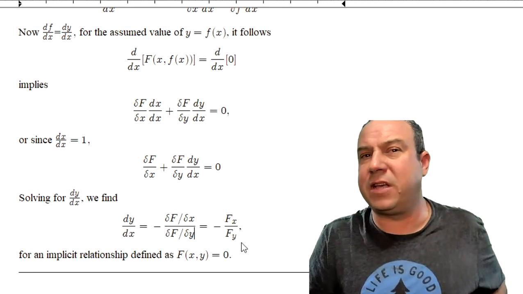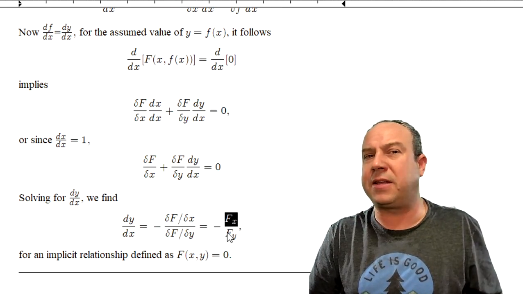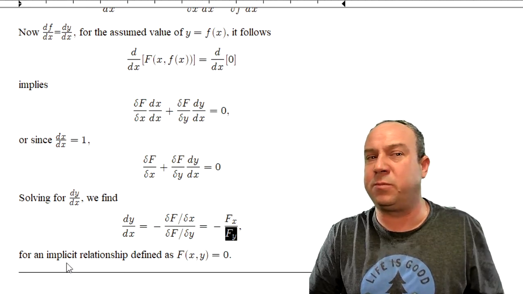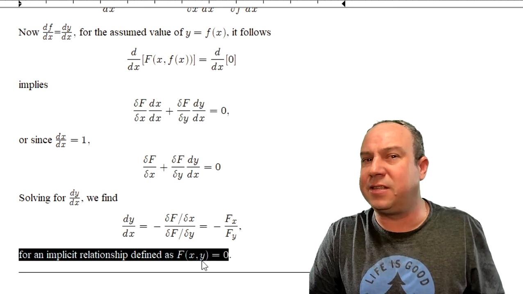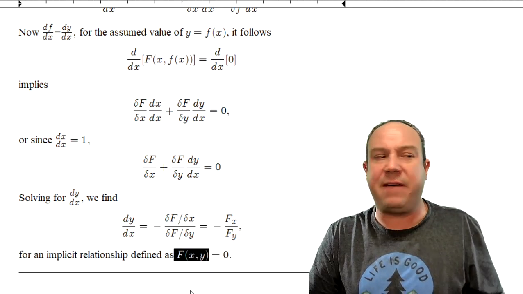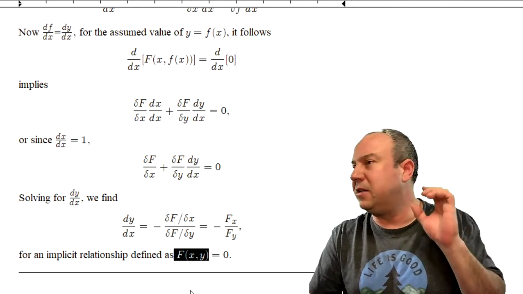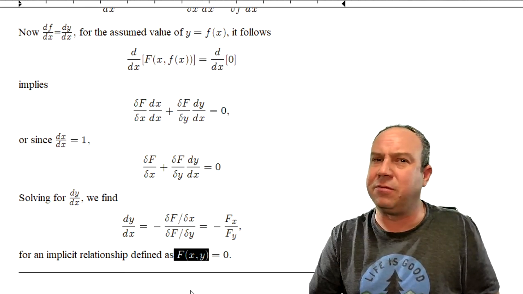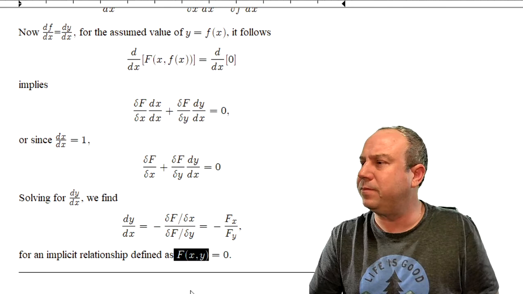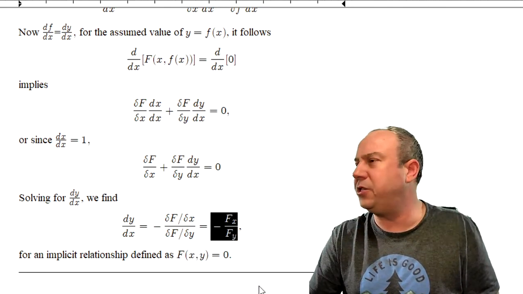Which we might think of as really just the opposite of big F's partial with respect to x divided by big F's partial with respect to y for an implicit relationship defined as this level curve, where big F of x comma y describes that expression seen in our level curve set equal to 0. This here is our new formulation.